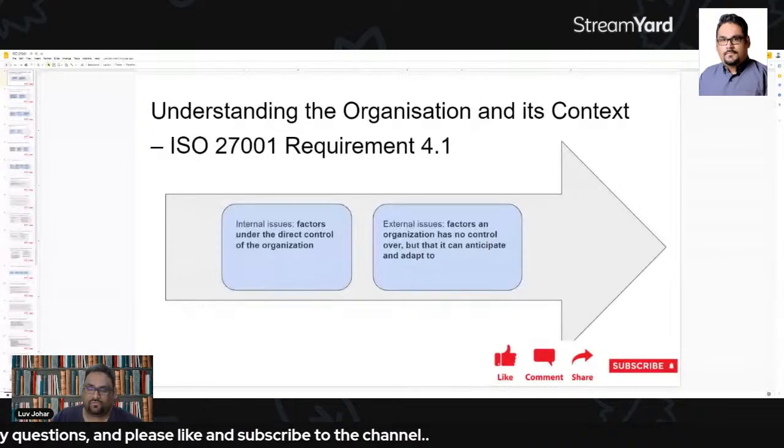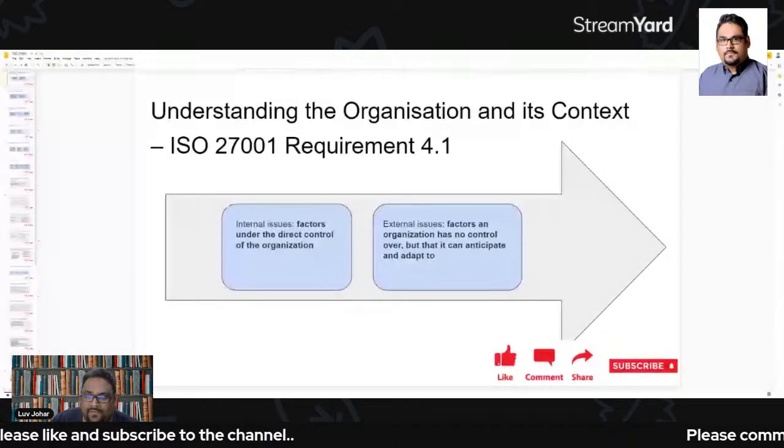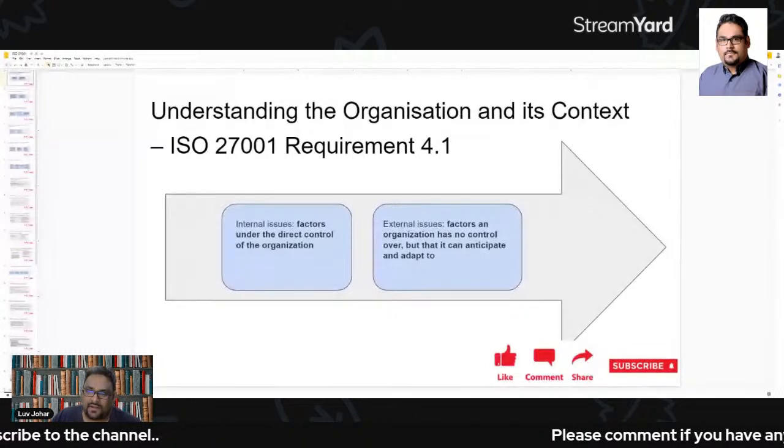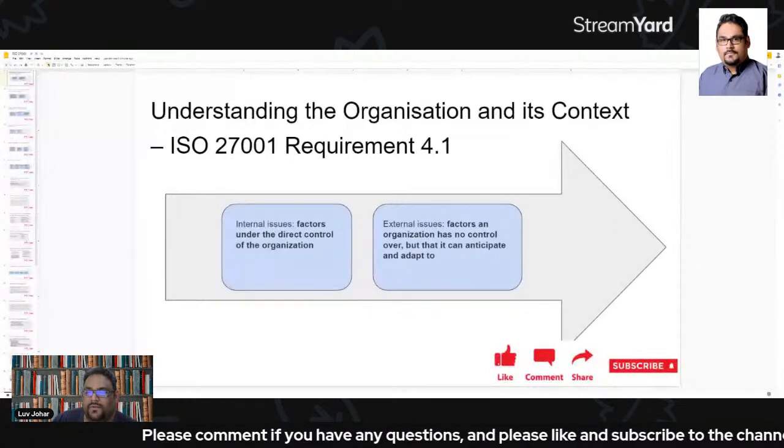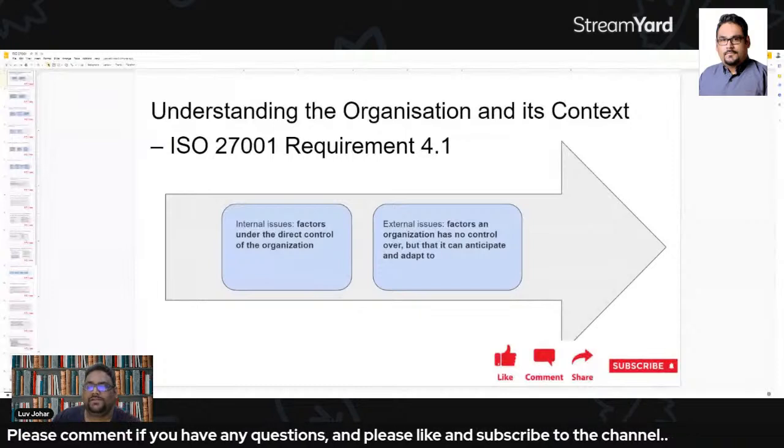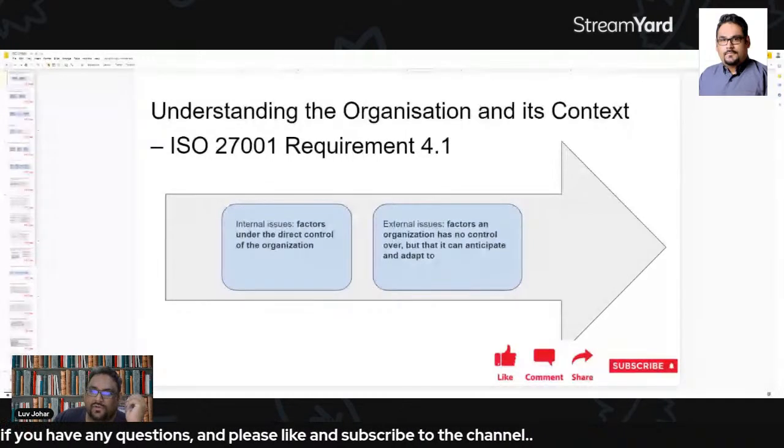Okay, so for your organization, they might be different, but it is required that you write them down somewhere so that you can understand their importance. Okay, so this is how you understand the organizational context actually.